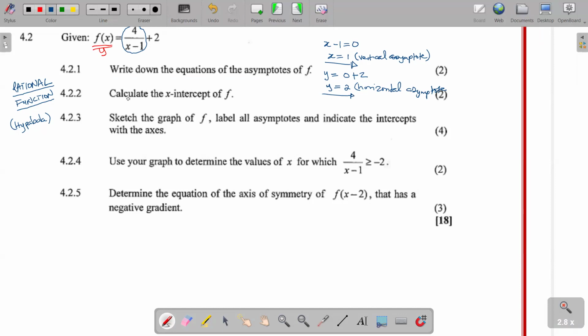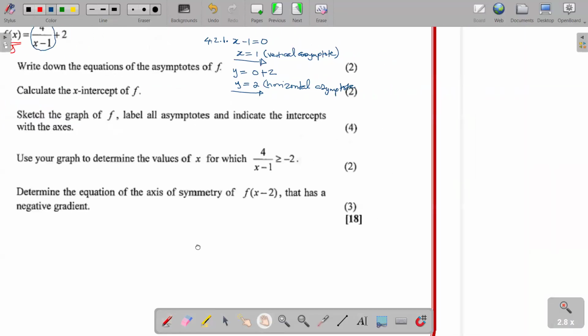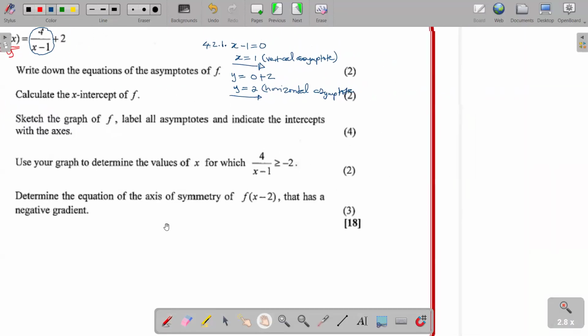The second question was saying calculate the x-intercept of f. So it's 4.2.2. The question wants you to get the x-intercept.